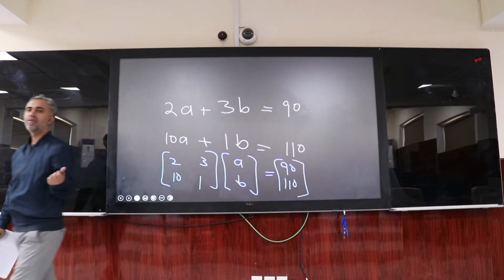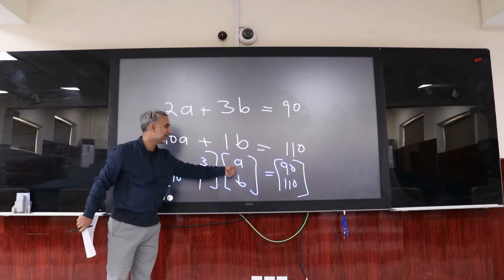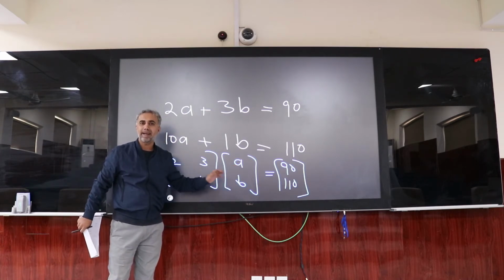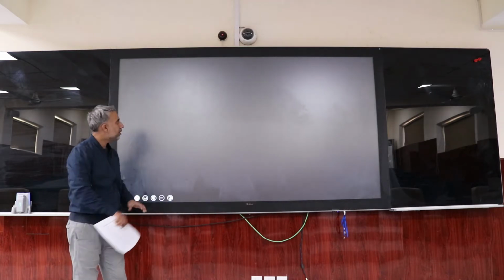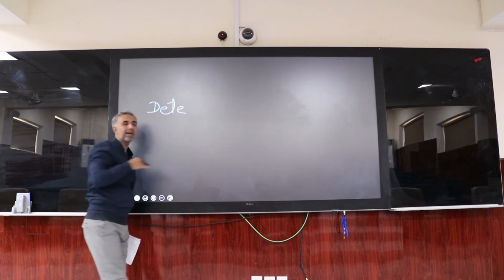Either with the help of the row elimination method, Cramer's rule, or basic matrix theory, we can get a solution set, and the solution set is A and B. I think it's very simple. Moreover, when we talked about determinants in math, we already talked about inverses.